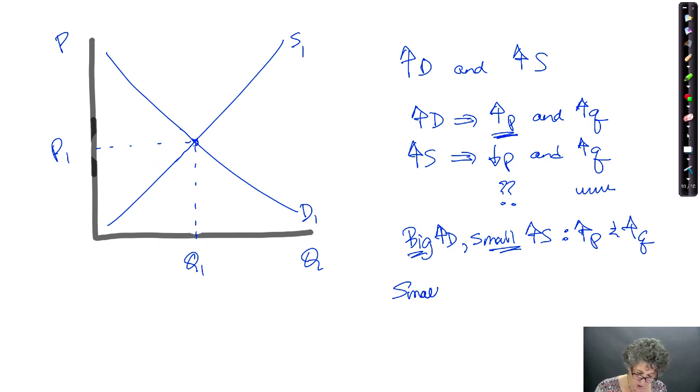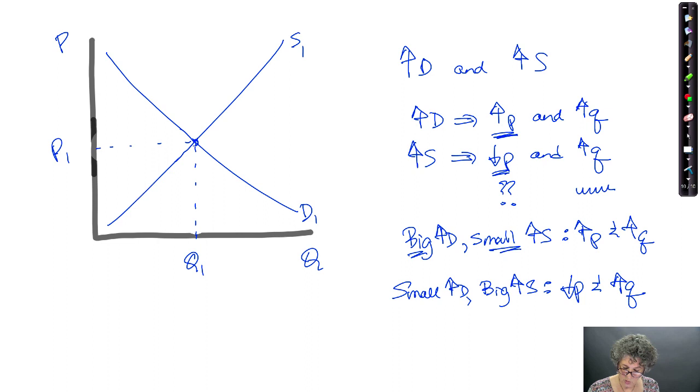If you have a small increase in demand, but a big increase in supply, then the supply part is going to have the dominant effect on price, and the net effect is going to be a decrease in price and again, an increase in quantity, comparing the new and the old equilibrium.